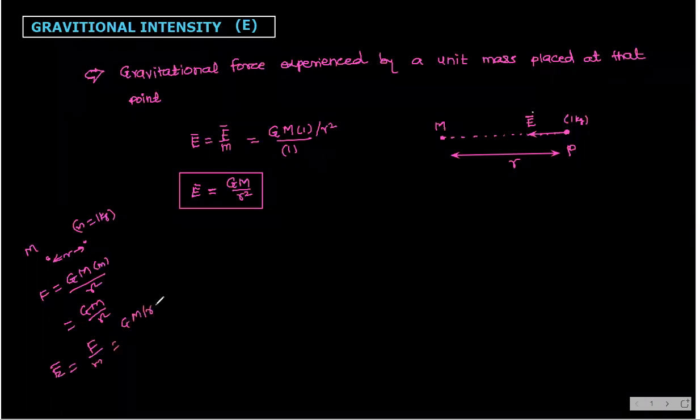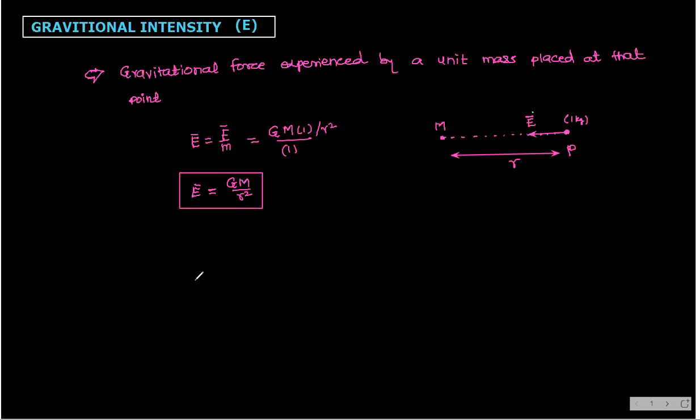That's why GM by R square divided by 1. You can do it like this as well. So you will get the same, that is GM by R square. Understood? Very, very easy. And it always directs towards the mass, that is capital M, or whatever mass whose gravitational influence can be felt by this unit mass. Shall we go ahead?